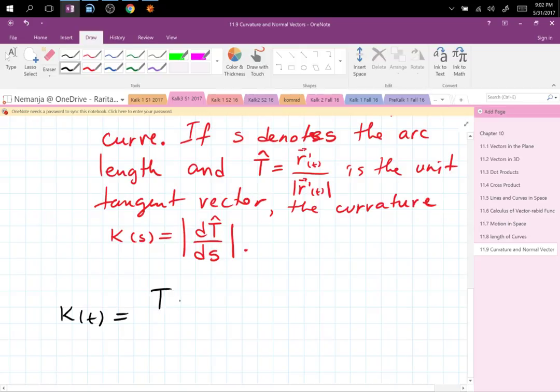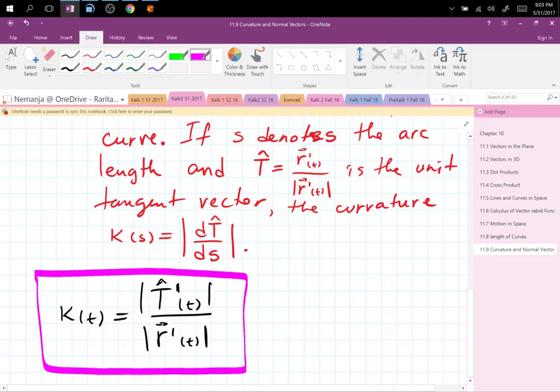The formula we are going to use in class is the magnitude of the derivative of the unit tangent vector divided by the magnitude of r prime. So this is the equation to calculate curvature.